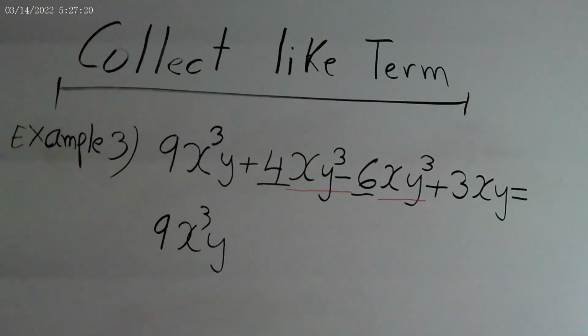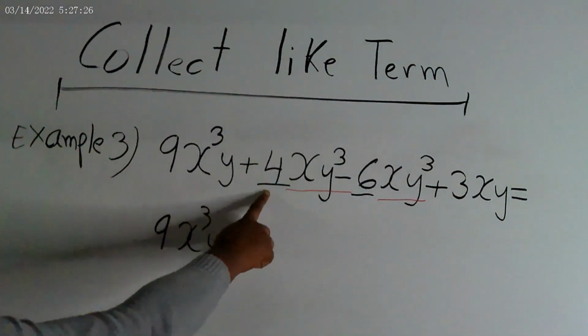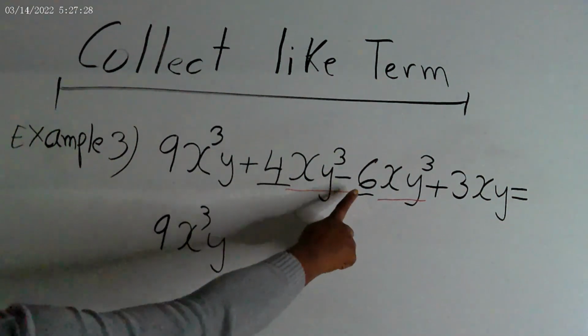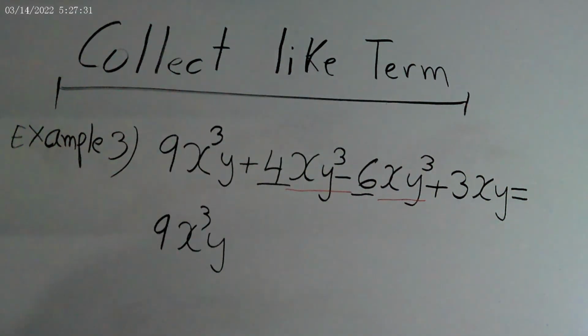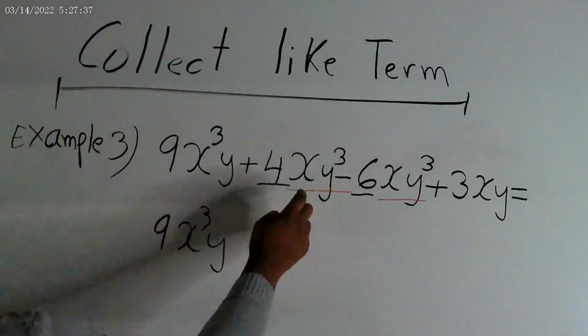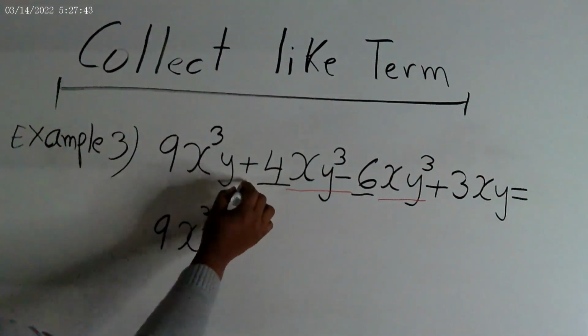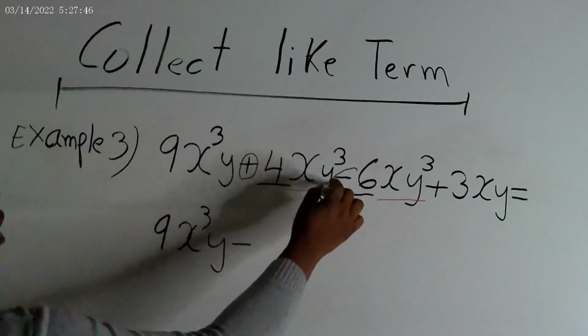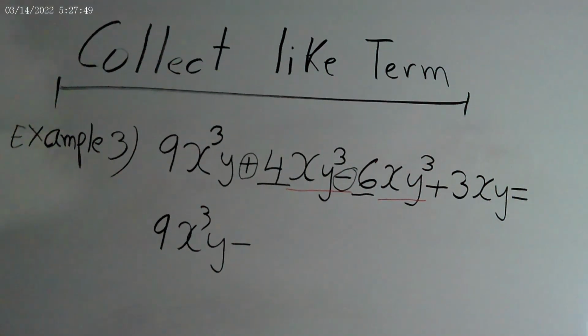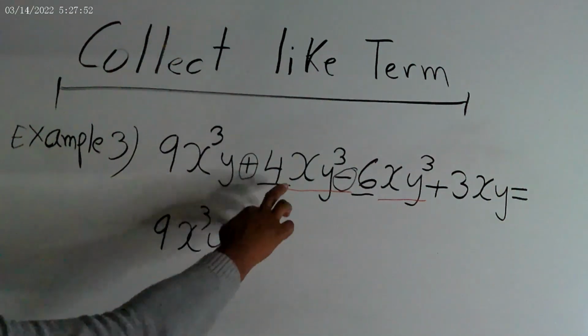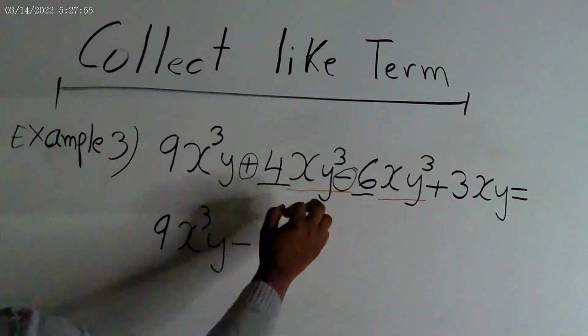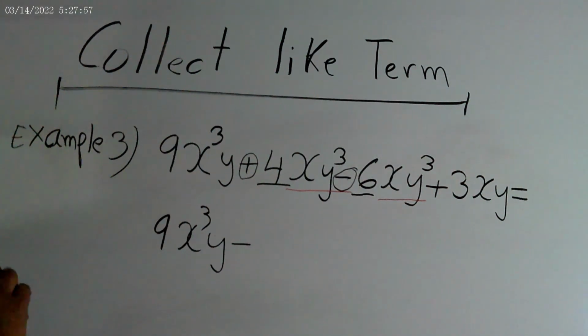Like you have plus 4, and right here you have minus 6. The biggest number is 6. So you're going to keep the sign in front of 6, which is minus. Because this one is a plus and that is a minus, you are going to do subtraction. Plus 4 minus 6 is equal to minus 2.